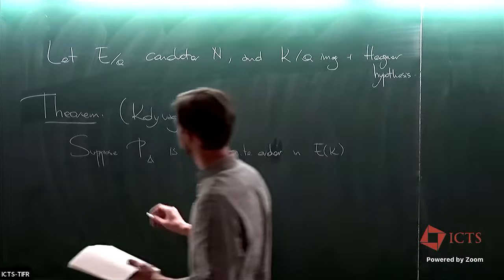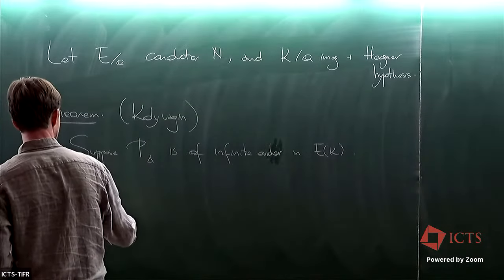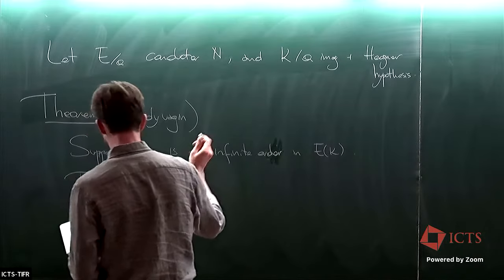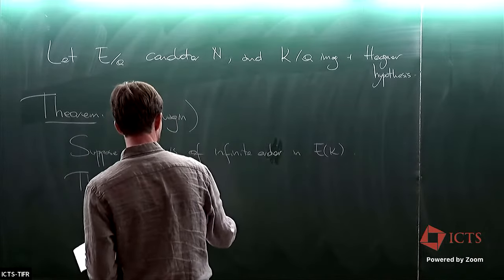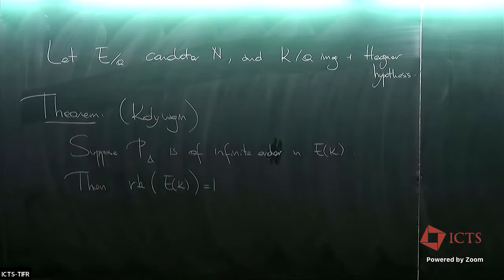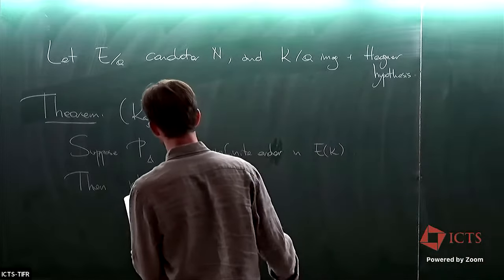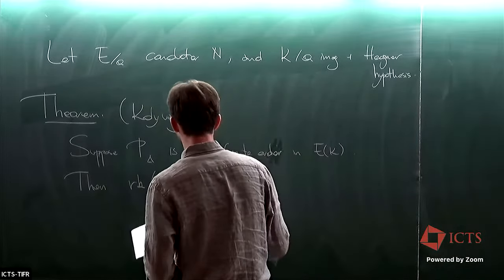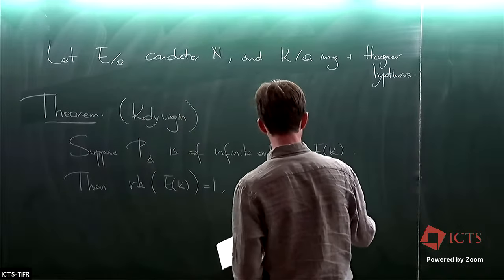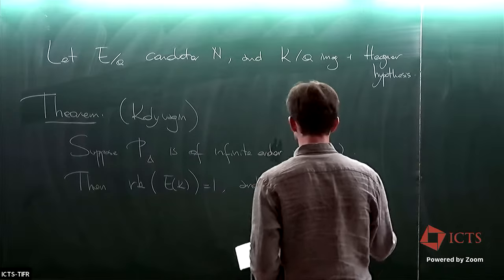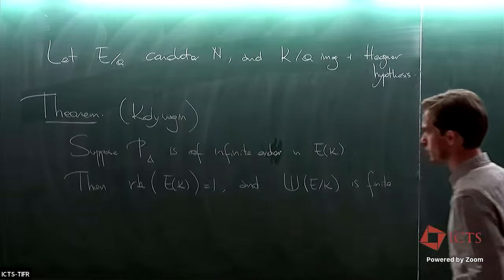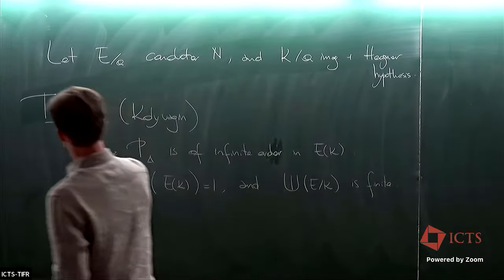Then Kolyvagin does a really clever descent argument to show that in fact it must span all of the Mordell-Weil group up to torsion. So the rank must really be equal to 1, and there's nothing else in some sense behind, besides that Heegner point. And moreover, he also proves, all in one fell swoop, that the Tate-Shafarevich group is a finite group.